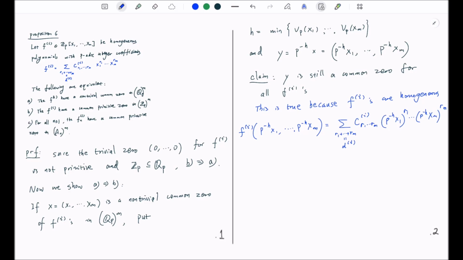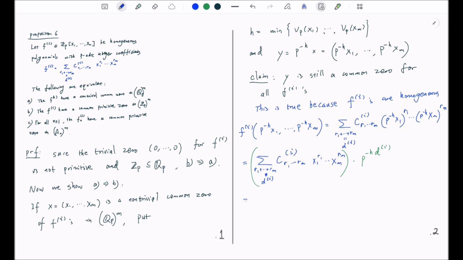We'll get p raised to the power negative h times (r_1 through r_m), which by homogeneity, the sum is always equal to d^i.